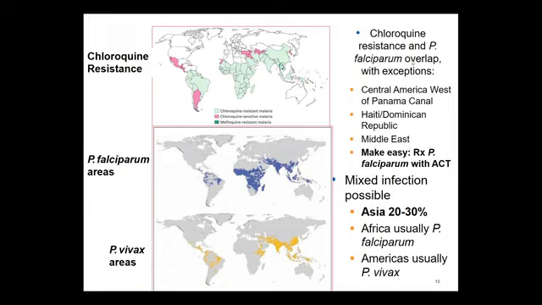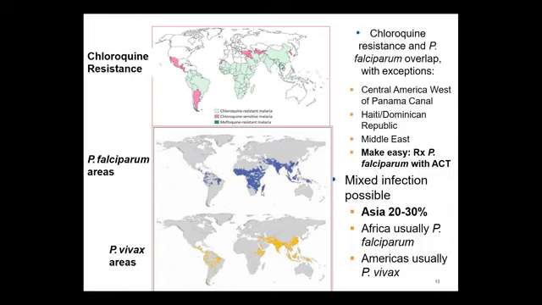Chloroquine-resistant Plasmodium falciparum overlaps, with exceptions: Central America west of the Panama Canal, Haiti, the Dominican Republic, and the Middle East. Mixed infection is possible in Asia.